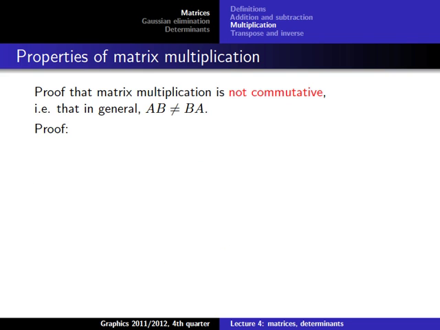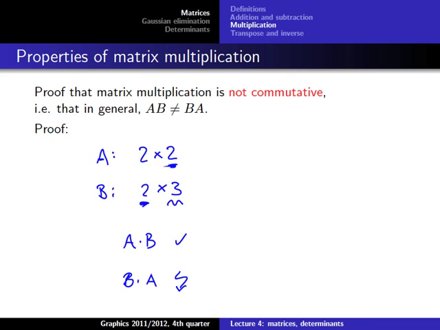So a straightforward example would be if matrix A is a 2 cross 2 matrix, and matrix B is a 2 cross 3 matrix, then A multiplied with B will lead to a matrix that is correct because these two coefficients match, but B multiplied with A is not defined because then we would have 3 and 2 and they don't match, so the multiplication is not defined.